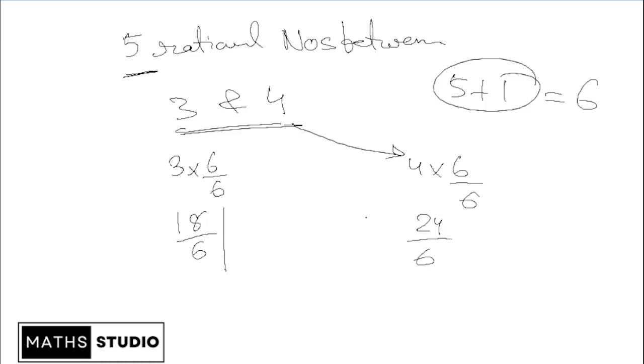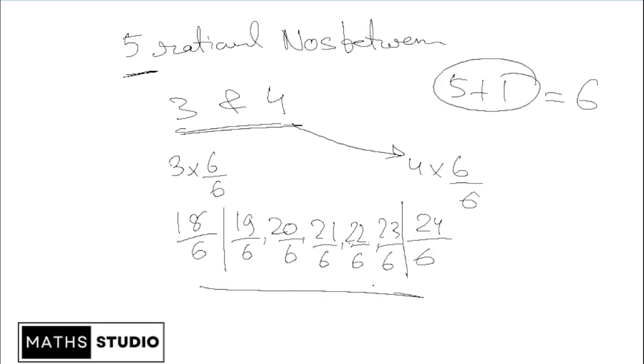So between 18 by 6 and 24 by 6, we can write 19 by 6, 20 by 6, 21 by 6, and so on till 23 by 6. Let me write 22 by 6 also, otherwise you will say just for one number I'm making so much of thing. Okay, so we got the 5 rational numbers between 3 and 4. Now similarly, if we are asked to write 5 rational numbers between say 3 by 5 and 4 by 5, how many rational numbers? 5.